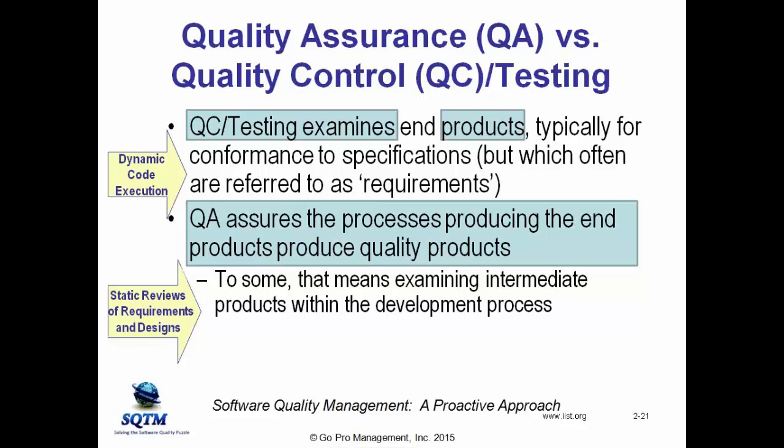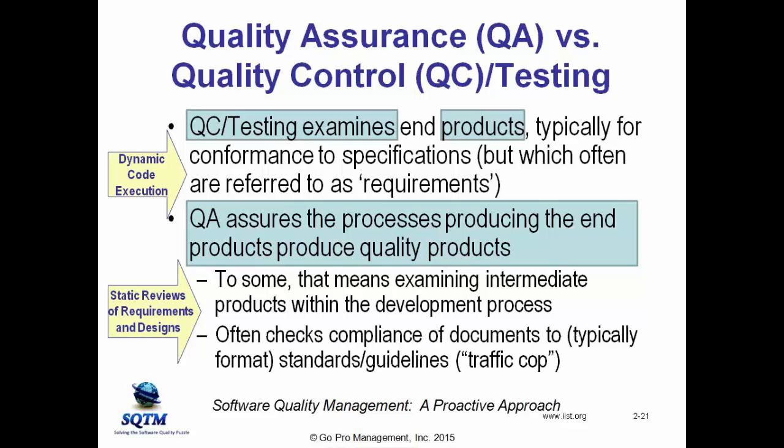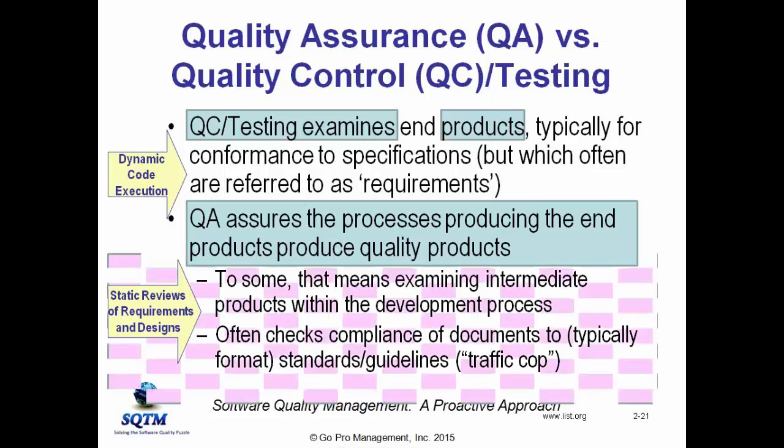That's probably the most common way that organizations that do make a distinction between QA and testing tend to say that QA is involved with reviewing documents and testing is involved with executing code. And very often that review of documents is more of a traffic cop to check compliance to some kind of formats or standards or guidelines.